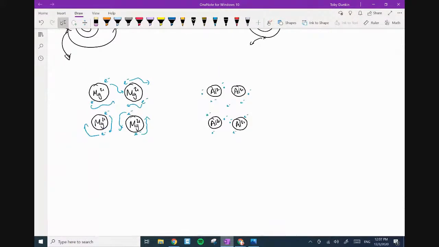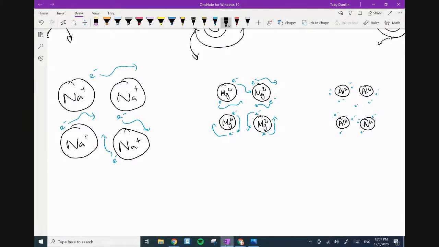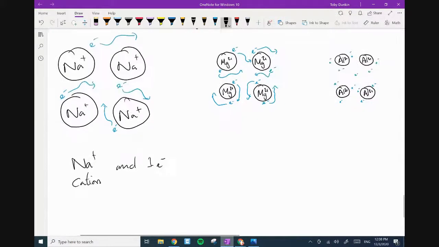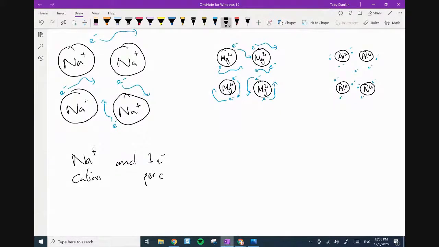I'm not going to bother doing the wiggly lines. It's just going to look like a mess. So here, we've got a +1 cation and 1 electron per cation.